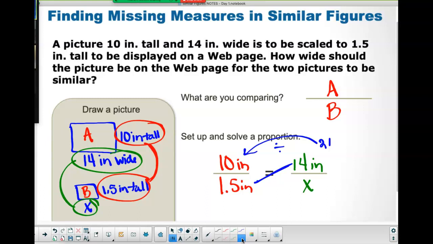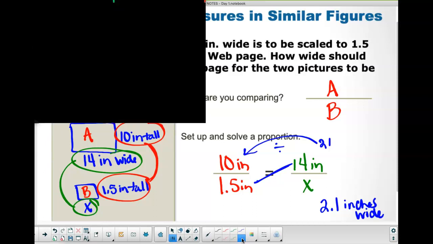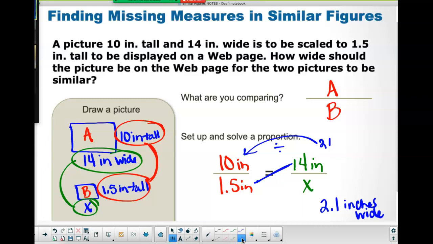So 21 divided by 10, the answer is 2.1 inches wide. So if the picture is going to be proportional, so the people in the picture look normal, it would have to be 2.1 inches wide.